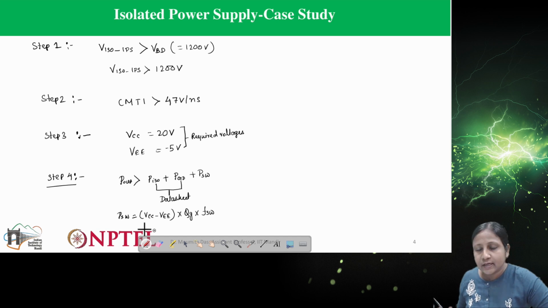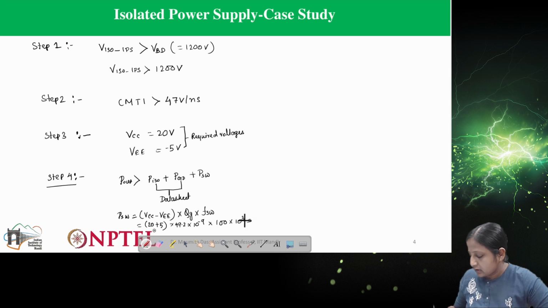Now VCC equals 20, this is plus 5, QG is 49.2 nanocoulomb, which is given for this particular device, and this is 100 kilohertz.